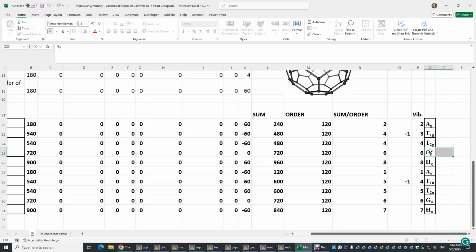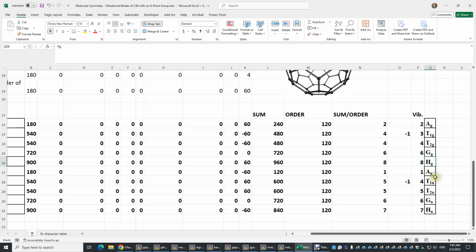Over here, this uppercase G means it's quadruply degenerate, and the lowercase g in the subscript means it's symmetric with respect to the inversion center. And we have 8 Hg, and this H means quintuply degenerate. And the lowercase g again is symmetrical with respect to the inversion.